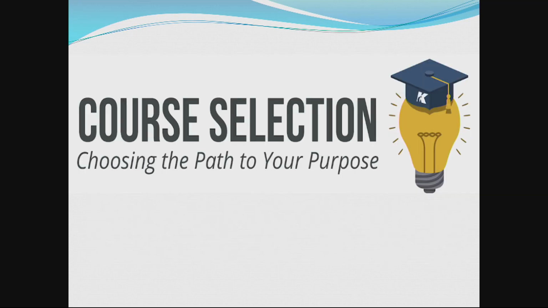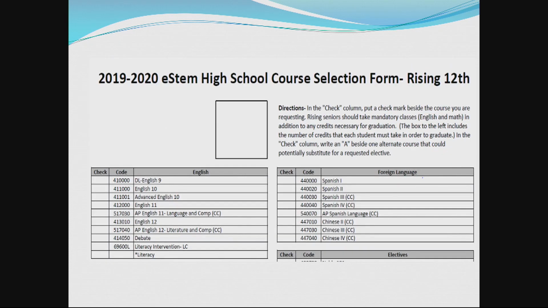Now we'll look at the course selection sheet. At this time, please get out your course selection sheet. The following slides break up the course selection sheet by department, so we can focus on one section at a time. You will notice, just by glancing at the form, there is a box.